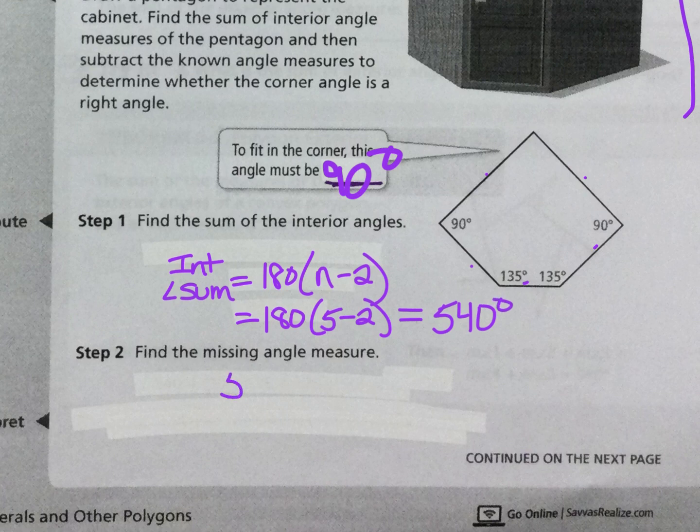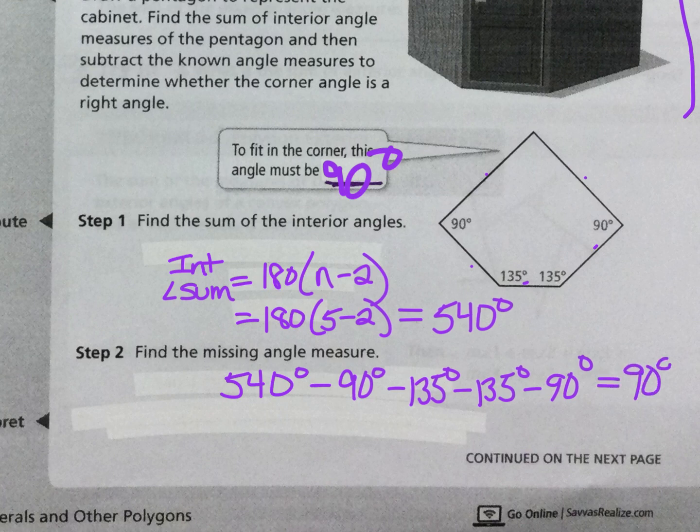So if I take 540 degrees and subtract 90, 135, 135, 90, it leaves me with 90 degrees. So that last angle must equal 90 degrees, so it will fit.